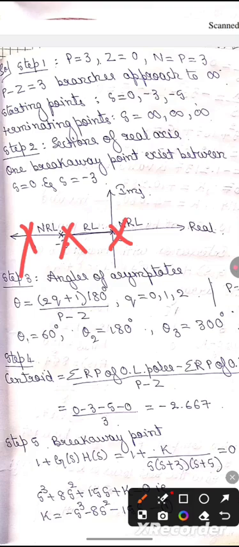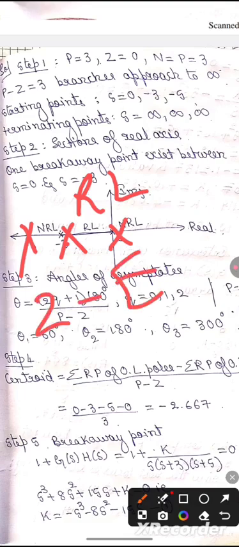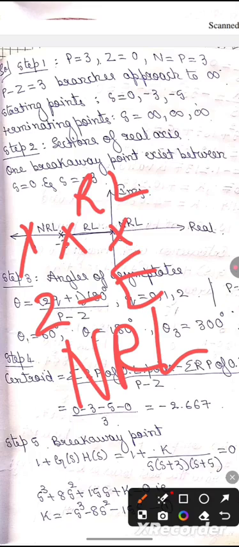That's why we have written that between minus 3 and 0 the root locus exists, that is RL. When you hold a hand at minus 5, minus 3 and 0 are visible, that is 2 poles. 2 is an even number, so no root locus exists for an even number. The root locus exists only when the number of visible poles is odd. If there are zeros, you should consider them also.